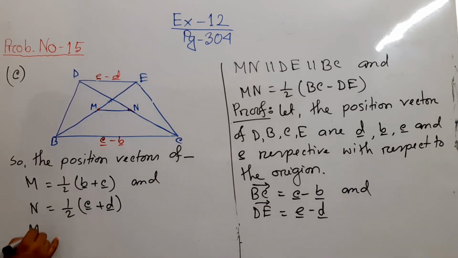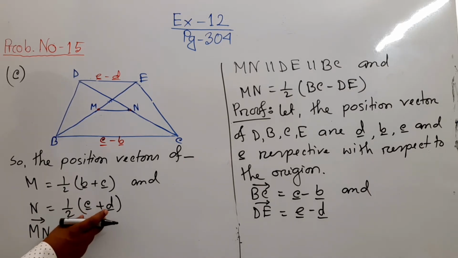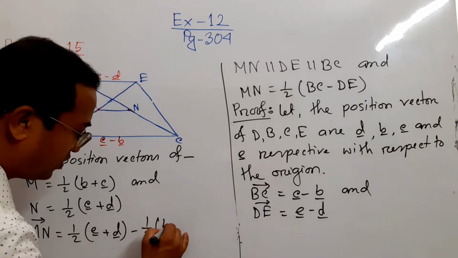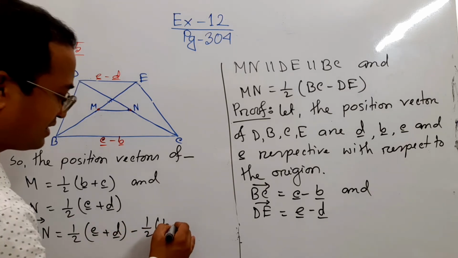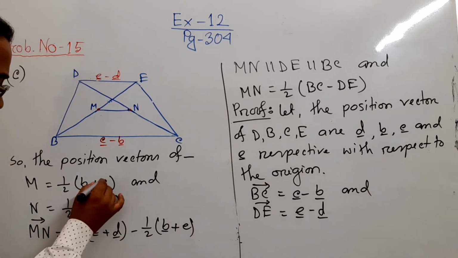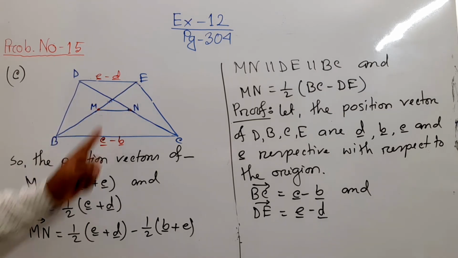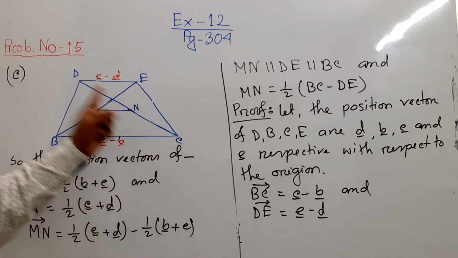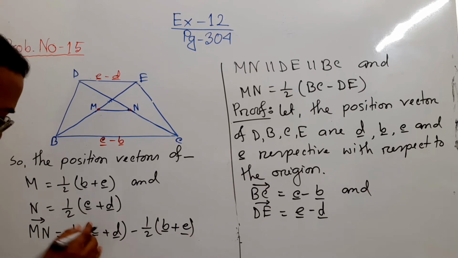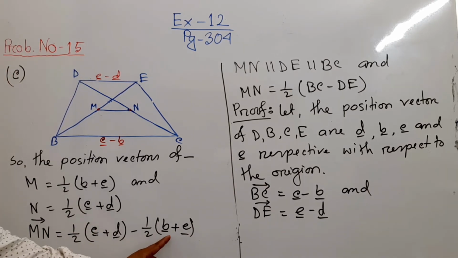So what will be the position vector of MN? The position vector of MN will be the position vector of N minus the position vector of M, that is half into c plus d minus half into b plus e.